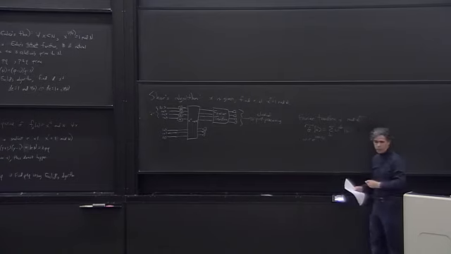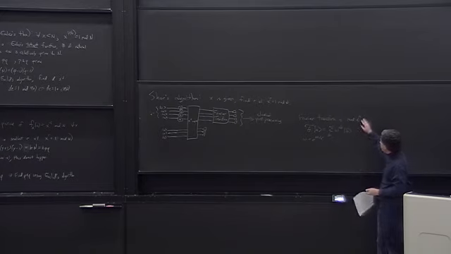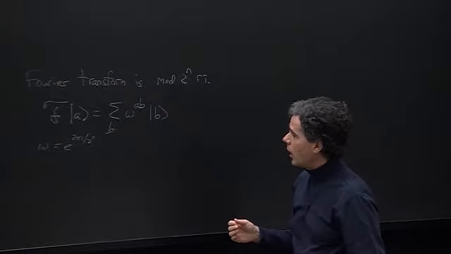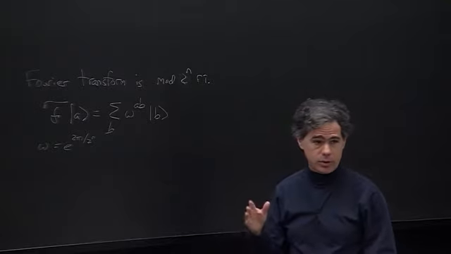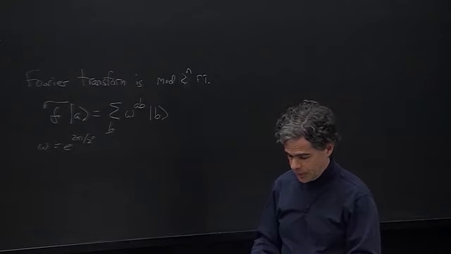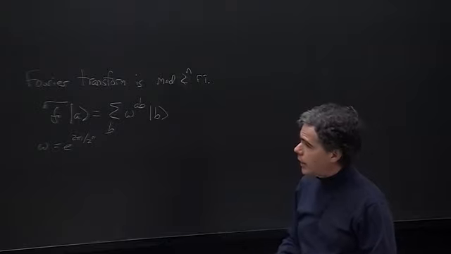Omega is 2 pi i over 2 to the little n. You can think of n as very roughly log of big N, the number of bits. But actually, it's longer than that, and I'll explain probably tomorrow why it has to be a little bit longer and roughly what it should be.